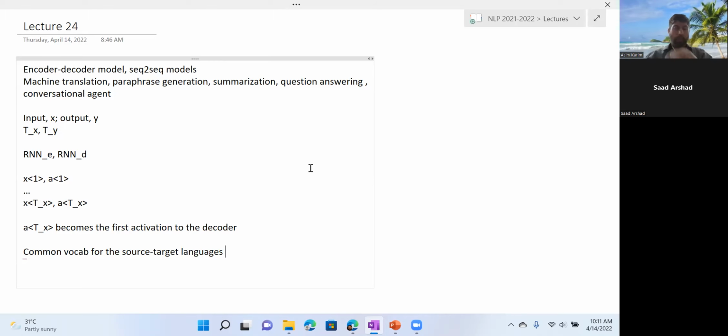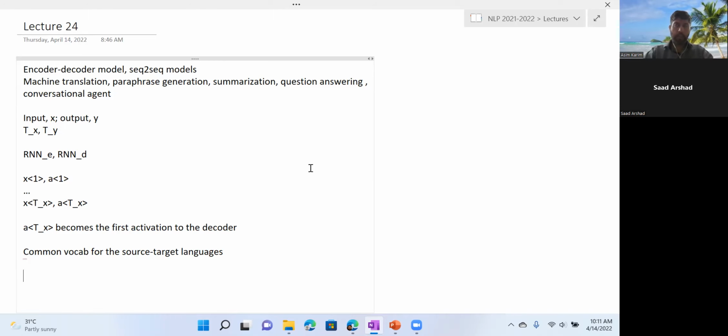Okay? We'll talk about this later on as well. Of course, this is theoretically not essential. You can have a separate vocabulary for the source encoder and a separate vocabulary for the decoder or the target language.